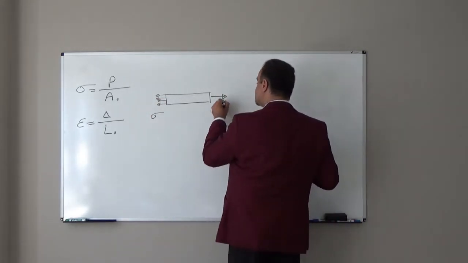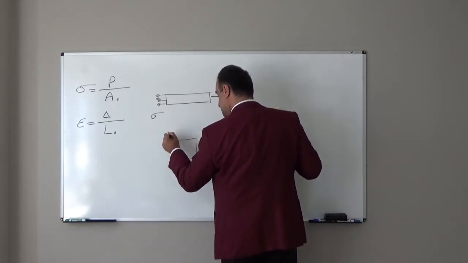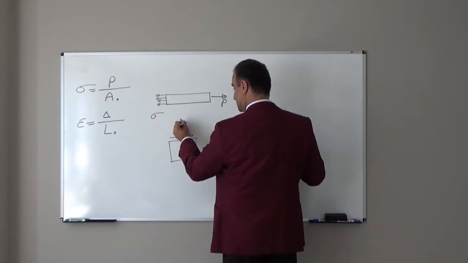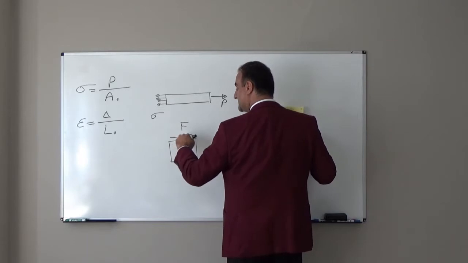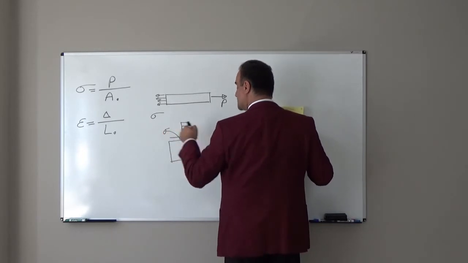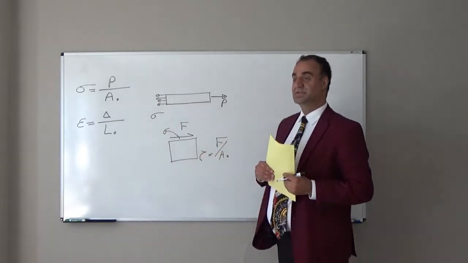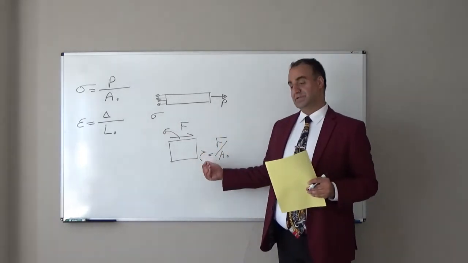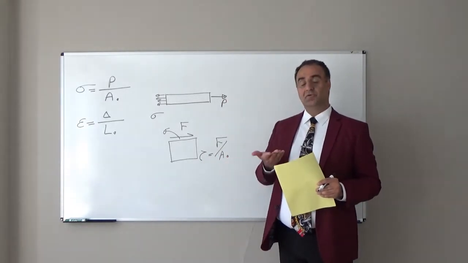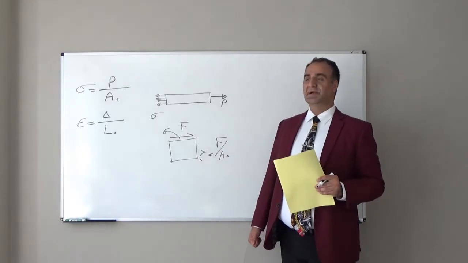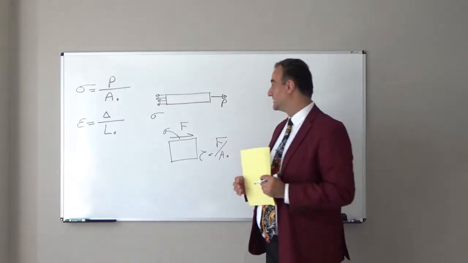Later on, you will see if our external or internal load is tangent to the surface, we can divide force again by this area A0, and we will show another stress with tau, and we call it shear stress. So stress can be perpendicular to the cross-sectional area or tangent to the surface, but pressure is always perpendicular to the cross-sectional area.